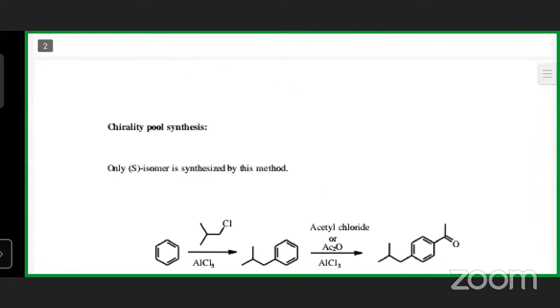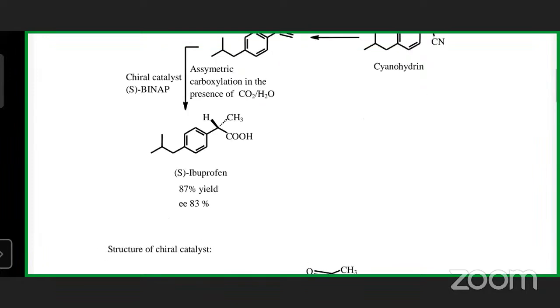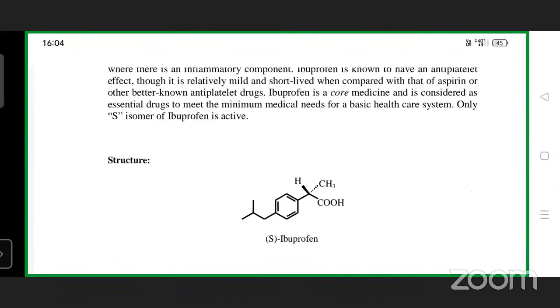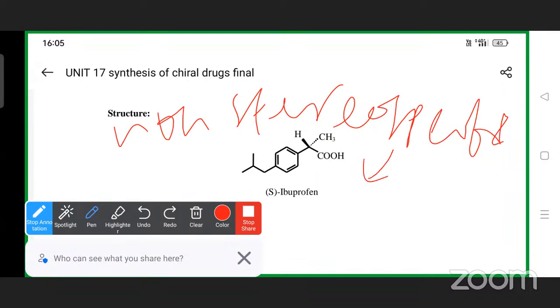In the classical synthesis you get a mixture of isomers, with the retention configuration and the inversion configuration, so multiple products are formed.